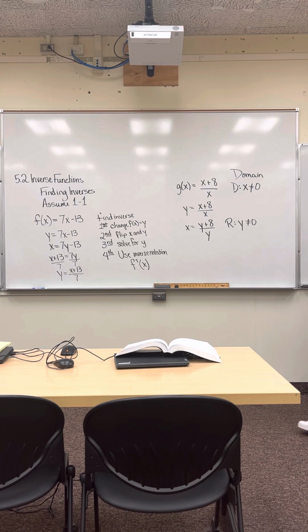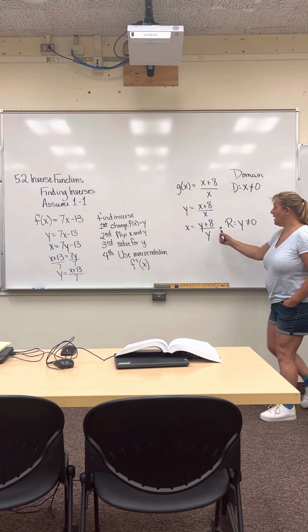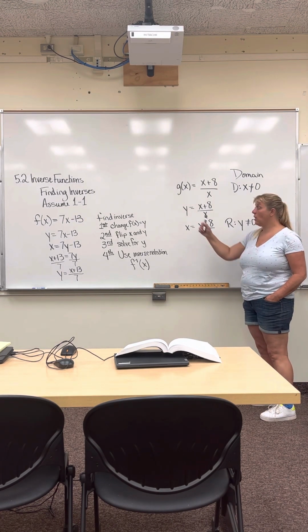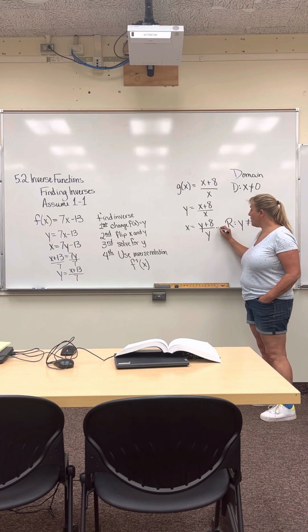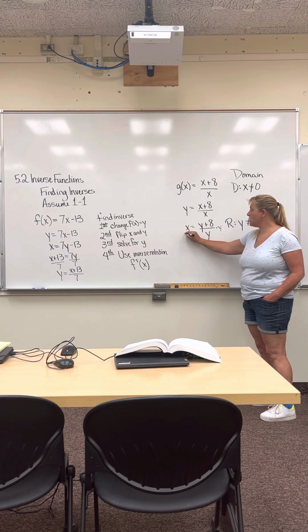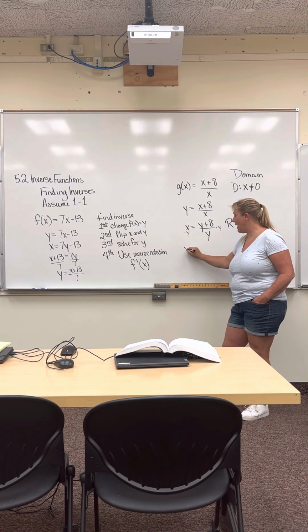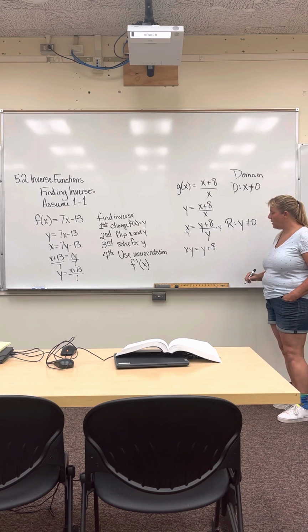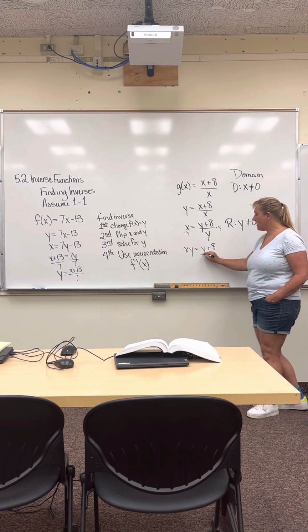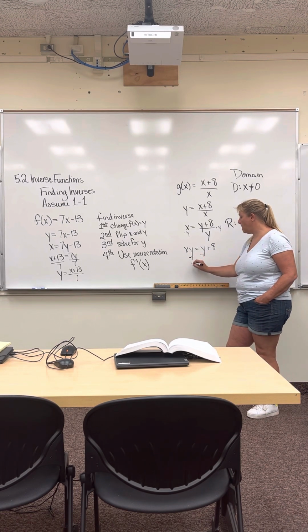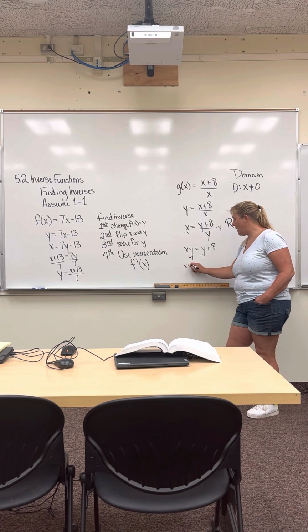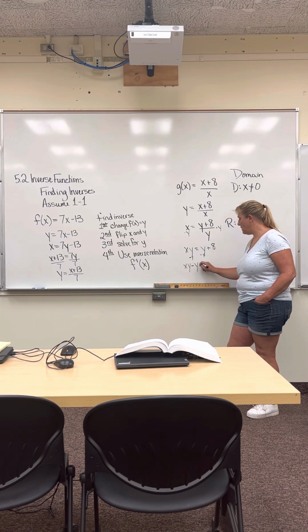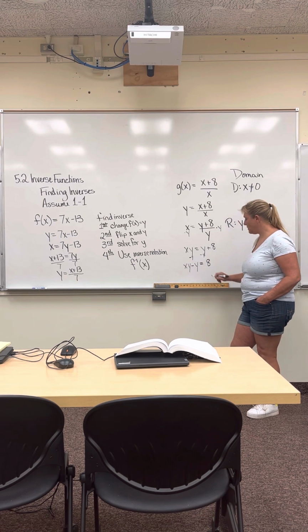It's very important. Now we need to get y alone, and this one's a little harder than the last one. So we're going to start by getting rid of the fraction. So if we multiply by y on each side, we'll have xy equals y plus 8. And now we can subtract the y to the other side. So we have xy minus y equals 8.